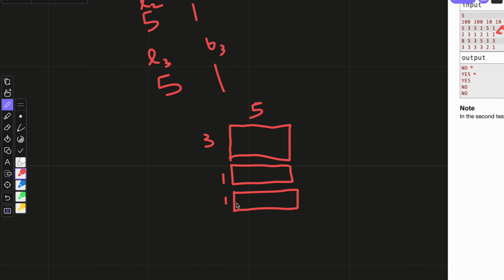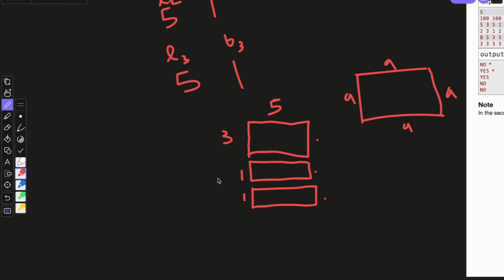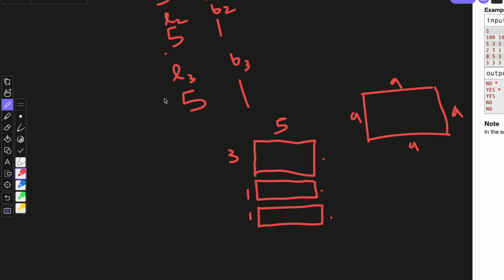So let's check if this forms a square or not, because we have to arrange all these rectangles in such a way that a square is formed. A square has all its sides equal. So if this is A, this is A and this is A, we have to make all the dimensions equal. Here we can arrange it like this, because length is 5, so we arrange it such that length is 5 and breadth is 1, and length is 5 and breadth is 1.